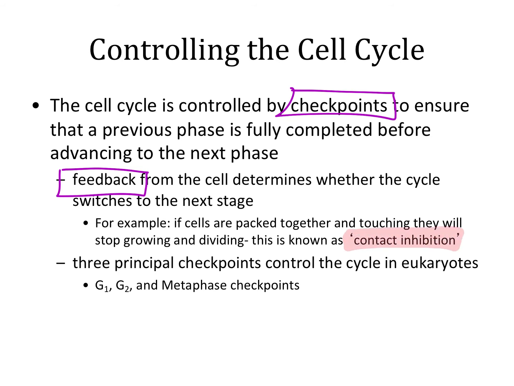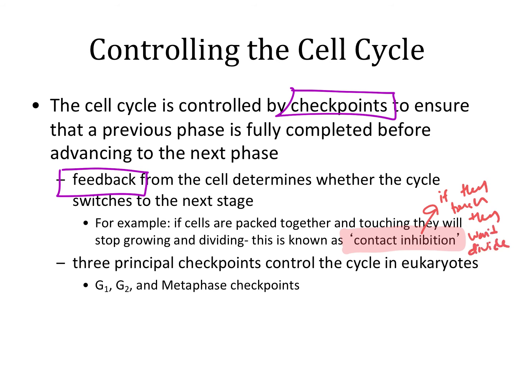Contact inhibition is the cells sensing how closely or tightly packed they are with another cell. If there is no room to grow or to divide, they are undergoing contact inhibition. So if they're touching each other, they are inhibited. If they touch, they won't divide.